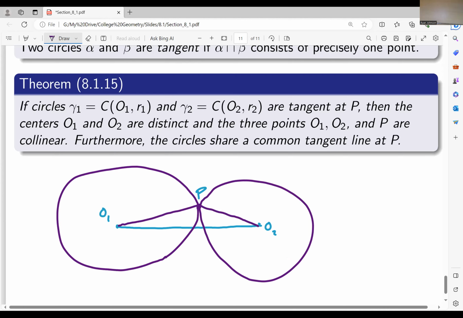So this theorem came after the theorem about a line.